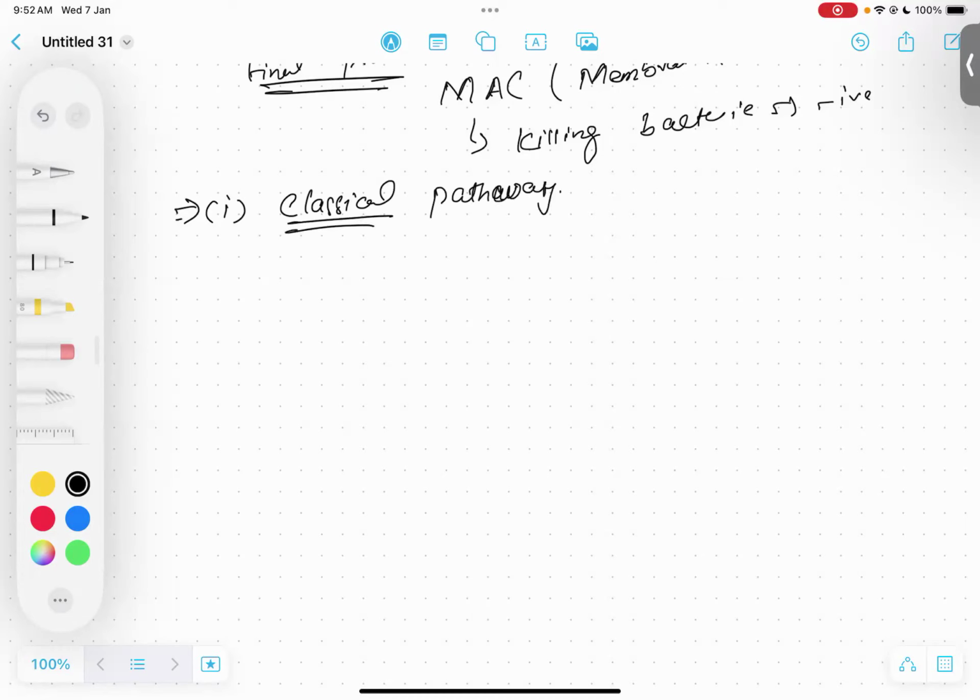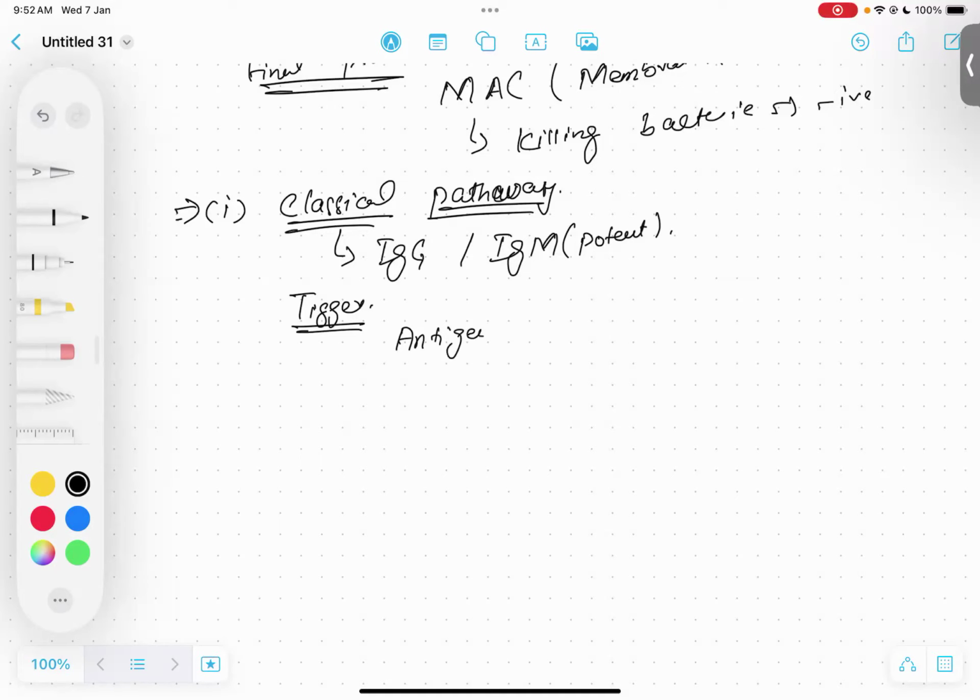Its activation usually occurs through two types of antibodies, IgG and IgM, and IgM is the most potent. The trigger is the formation of an antigen-antibody complex.